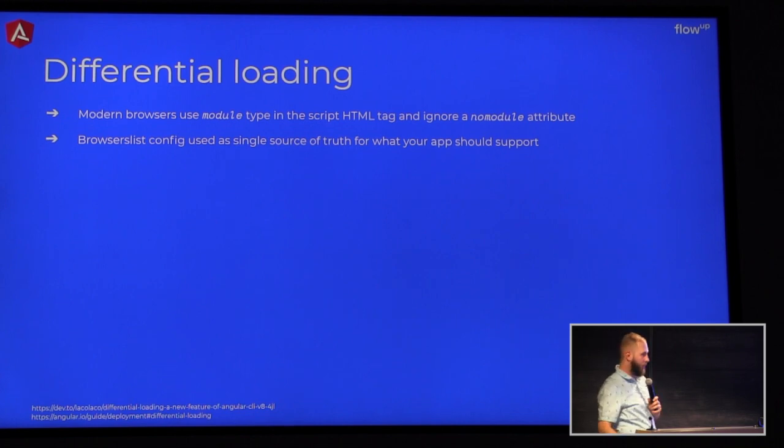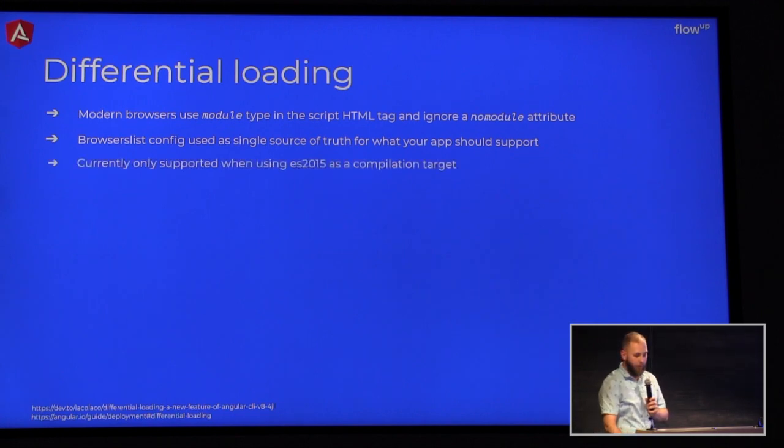It uses browserslist. I think most of us know what browserslist is. It's just a configuration where you put what browsers you need to support. And it currently is supported only when using ES2015. So if you are compiling to ES2019, it's not supported, but that will be in the future.